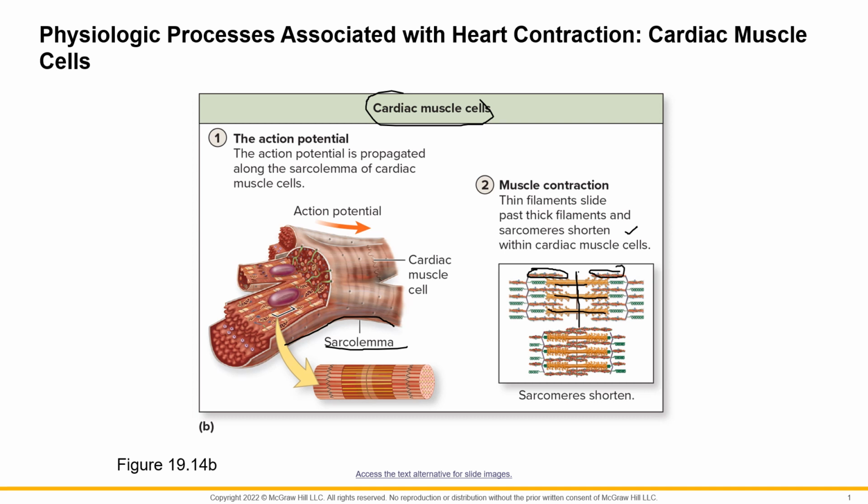And during the process of contraction, the thin filaments are going to slide over the thick filaments. So while the length of the filaments itself does not change, due to the sliding of the thin filaments over the thick filaments, the sarcomeres are going to shorten.